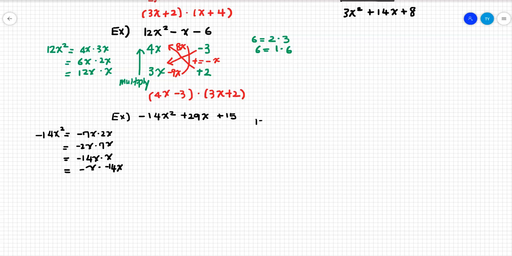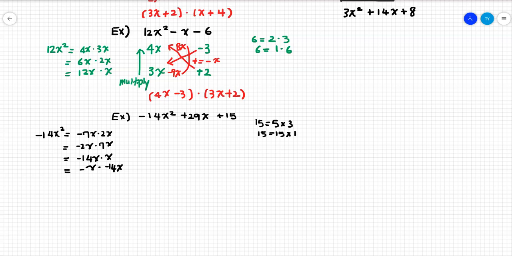Now for the 15, I can have 5 times 3, or 15 times 1. So those are the two combinations. Again, I am going to try the one that is close to one another. Now remember that we have to end up with the 29x in the middle, so we're going to have to try a couple of combinations here.